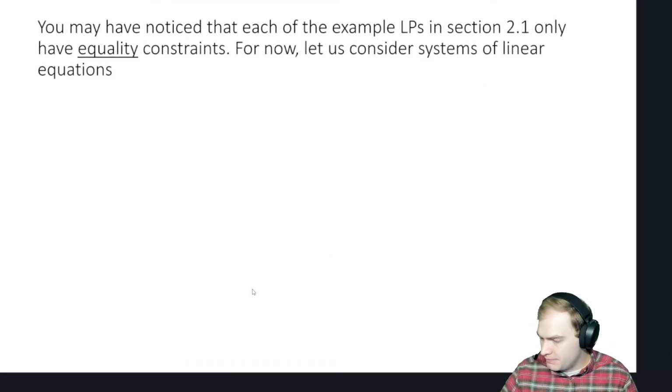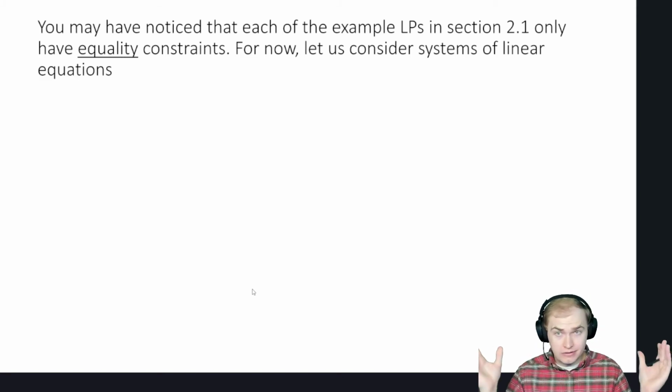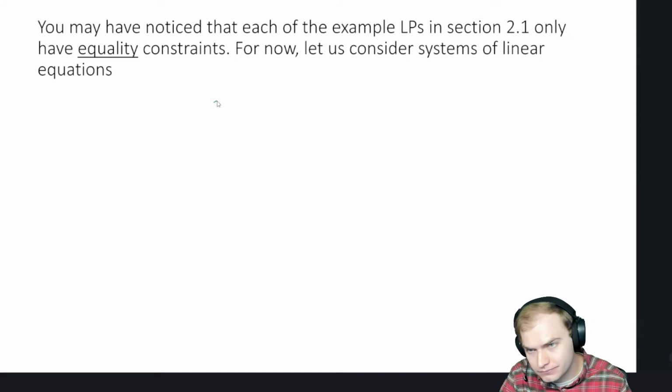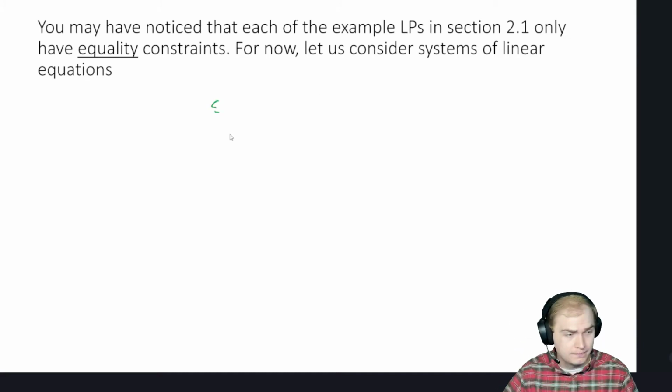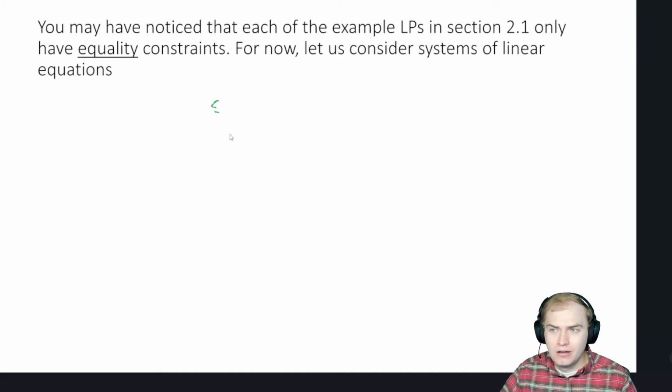So, you may have noticed in the reading that all the example LPs in section 2.1 only had equality constraints. Most of the stuff that we've written and worked with have had inequalities, at least one or two. But these were all systems of linear equations.